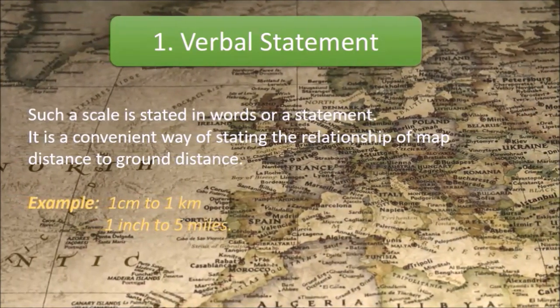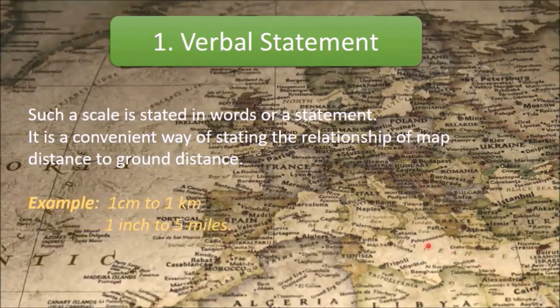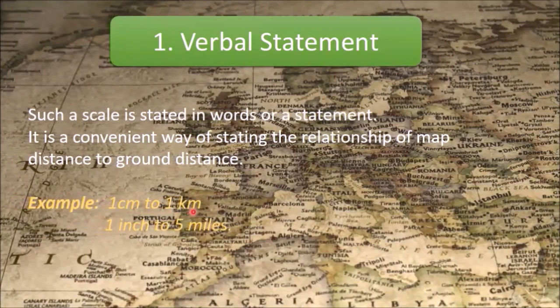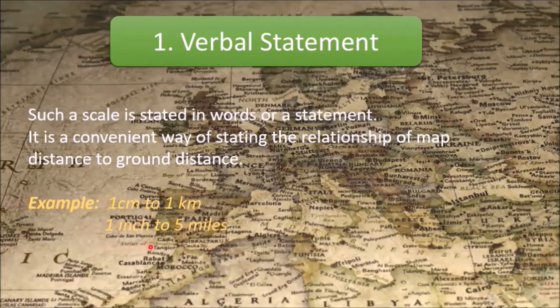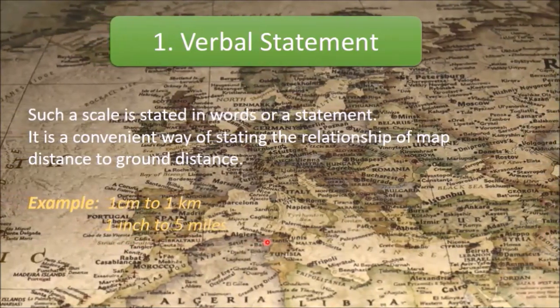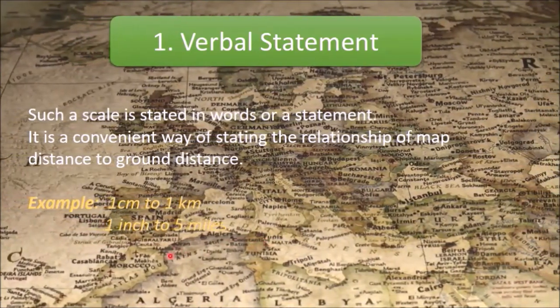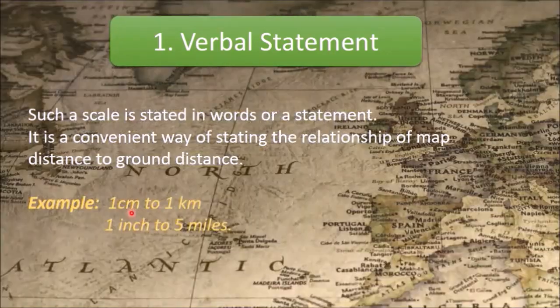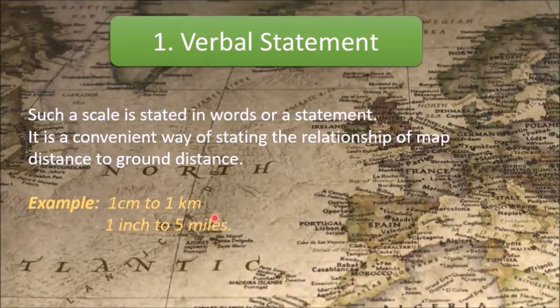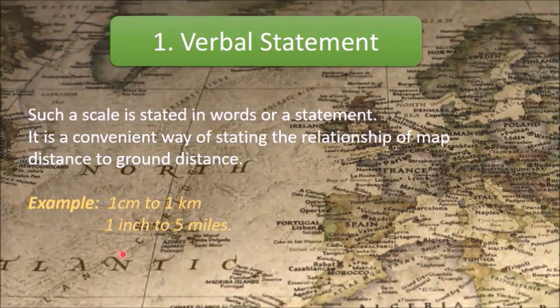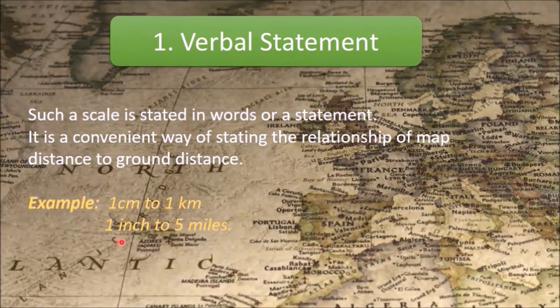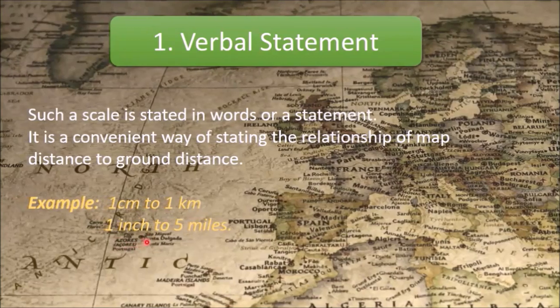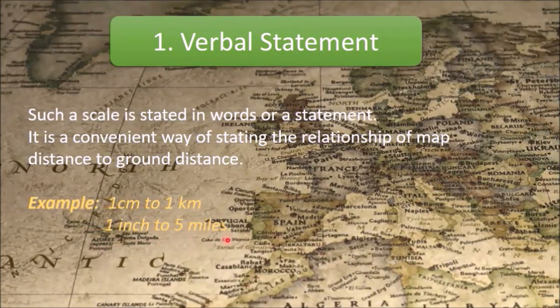Example, 1 centimeter to 1 kilometer, 1 inch to 5 miles. This means 1 centimeter on a map represents a distance of 1 kilometer on the ground, or 1 inch on a map represents the distance of 5 miles on the ground.